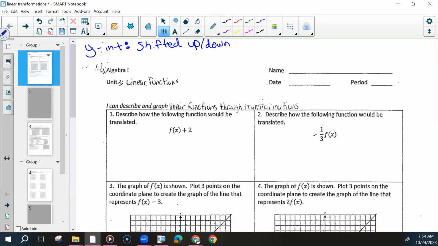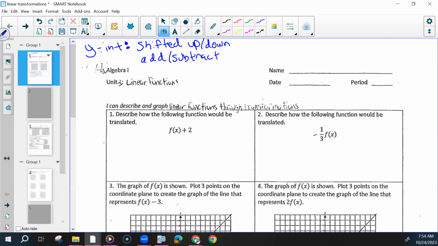So when you see those words, it's talking about the y-intercept, it's talking about moving the y-intercept up or down. So y-intercept gets added or subtracted. And that's it. And right now that doesn't really make a whole lot of sense, but when we get into the problems, you'll be able to recognize, okay, is this for y-intercept? Is this for slope? And so on and so forth.